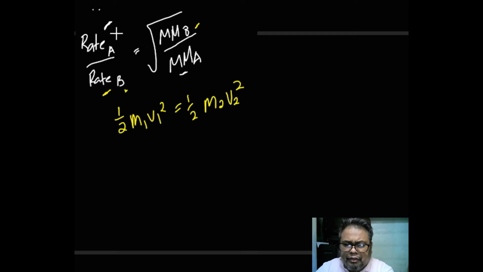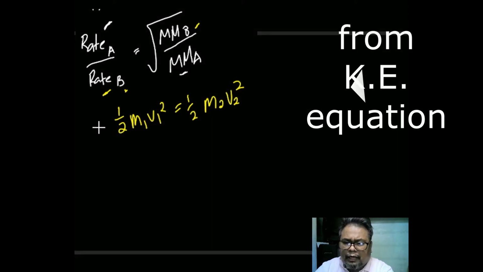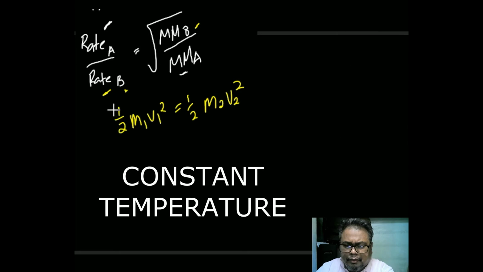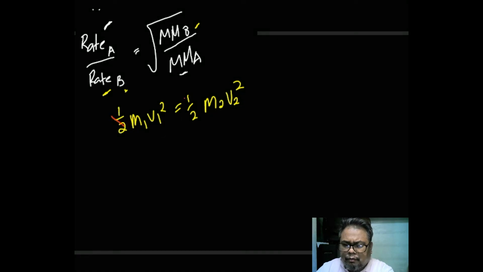Again, the relationship of rate A for gas A with mass A and rate B with mass B can be taken from the kinetic energy if they are at the same temperature. So this will be cancelled out. Same with the other halves.